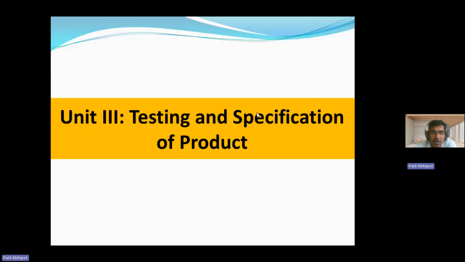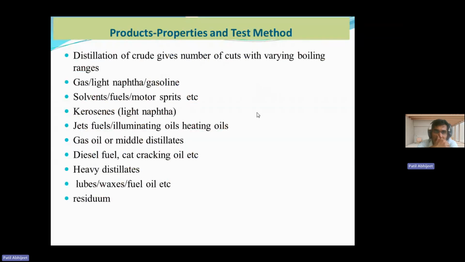Clear? Now we will move ahead. What are the various product properties and the test methods? As we have learned, there are n number of products that can be prepared after distillation. Either we go with atmospheric distillation or with vacuum distillation.